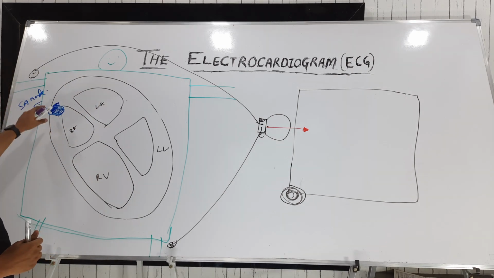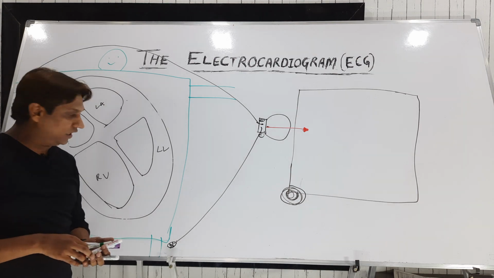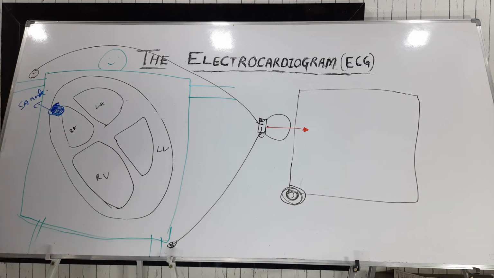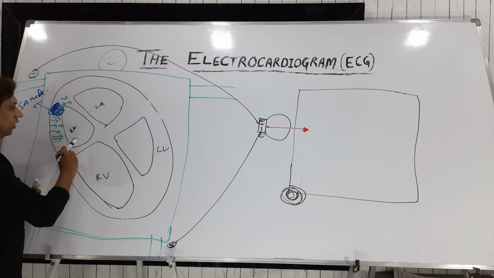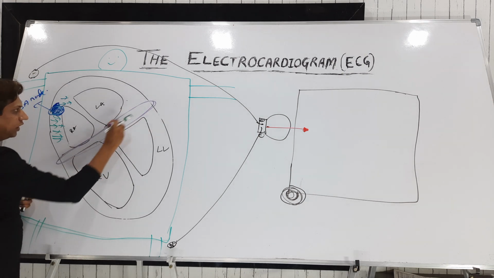Remember, first is the SA node. For the electrical activity of the heart, the SA node will stimulate the atrial muscle and cause depolarization of the atrial muscle. Remember, in between the atria and the ventricles there is a fibrous tissue which acts as an insulator. We will discuss this again now.